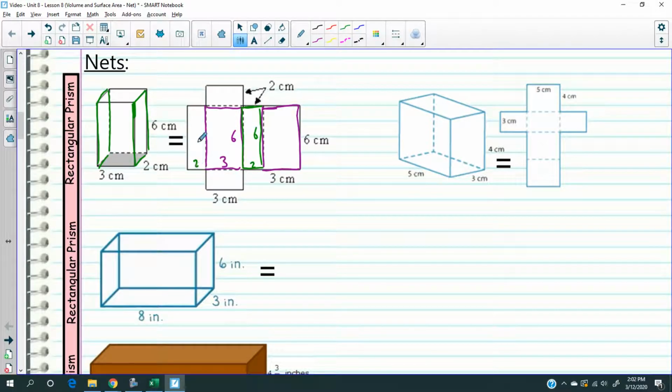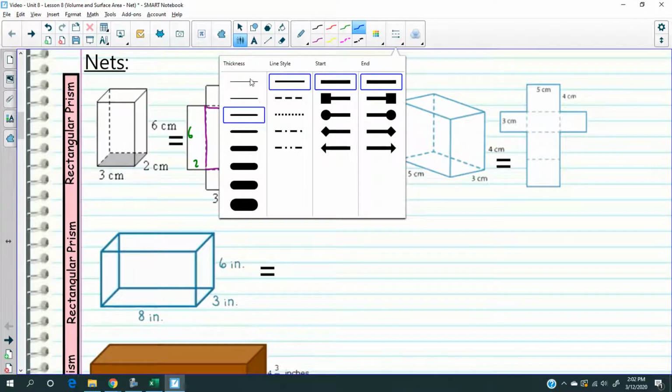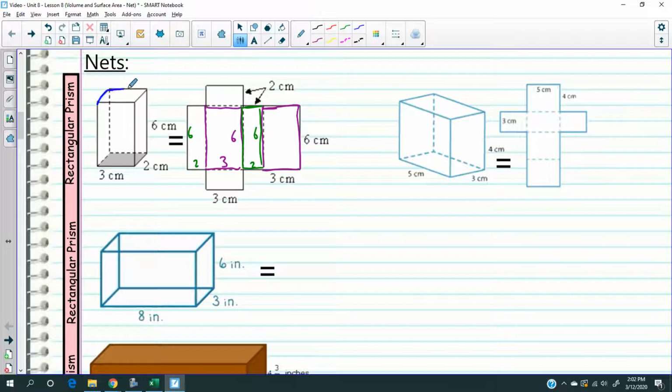So that's a 2 by 6. Okay, got that? Now, that leaves us with 2 more sides. And where do you think that would be? Yeah, on the top and the bottom. So the top here would be this one, which is here. Oh, by the way, I forgot to do the other one.